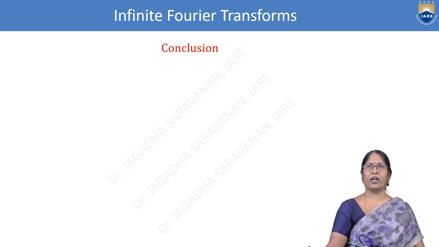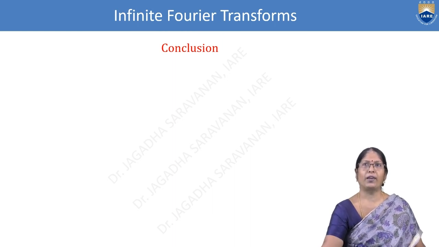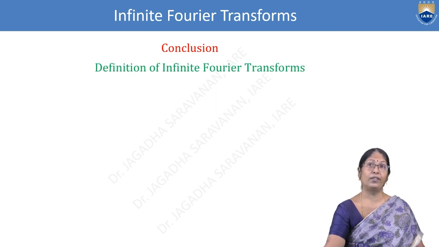Yeah, we will come to a conclusion of this topic, infinite Fourier transforms. First, we discussed the definition of infinite Fourier transforms: Fourier transform, inverse Fourier transform, Fourier sine and Fourier cosine along with their inverse transforms.